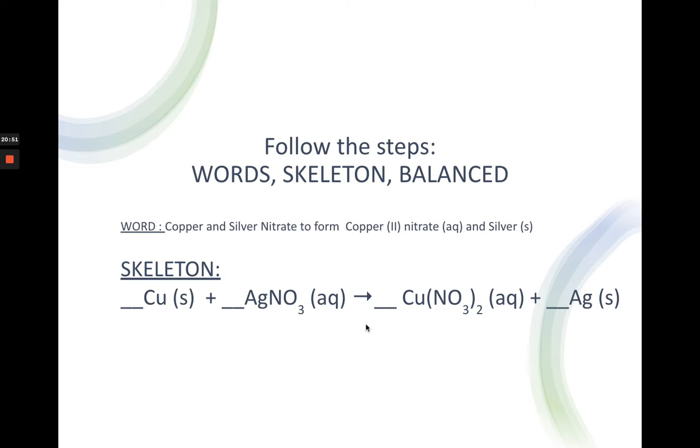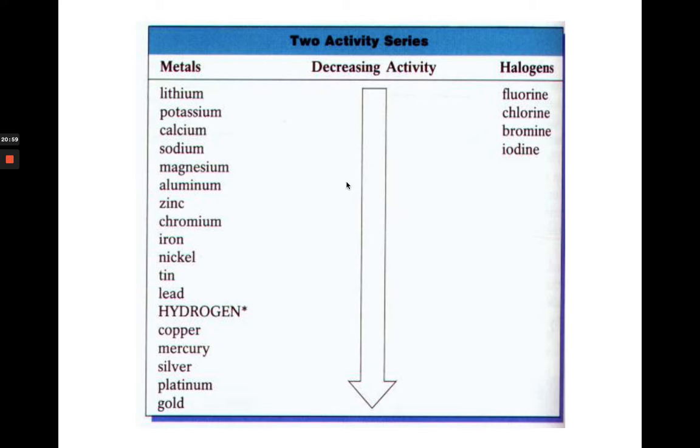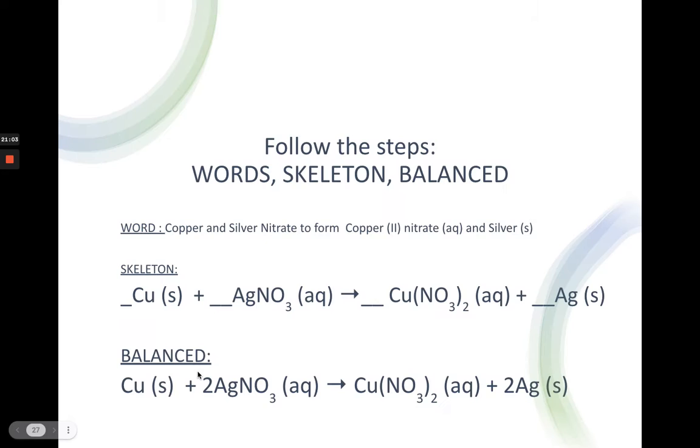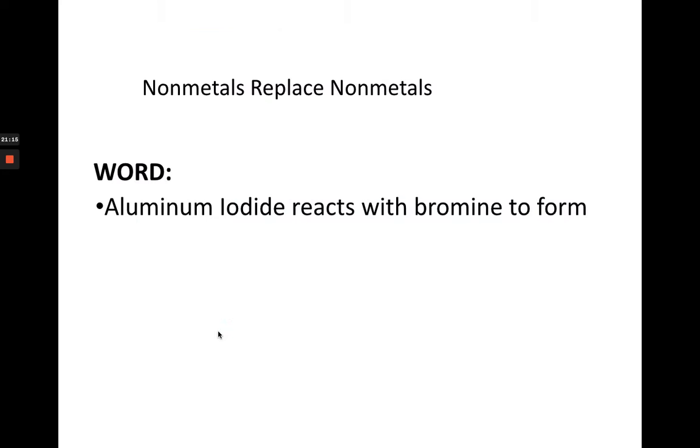And again, if you check the activity series, you'll see that this does occur. We'll balance it again with coefficients once we've written the correct formulas. And again, as you can see, copper can replace silver. So just going back, notice copper can replace silver. Now, if we had put silver in copper nitrate, that would not occur because silver is not tough enough to replace copper in a reaction.